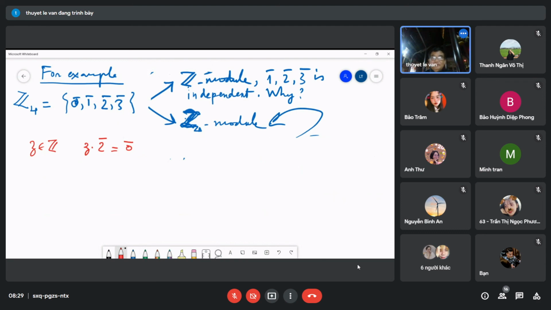Sorry, dependent. Dependent because you can take z equal to 2 or 4 and so on, for example 6, and 6 times it is equal to 0, but 6 is not equal to 0.